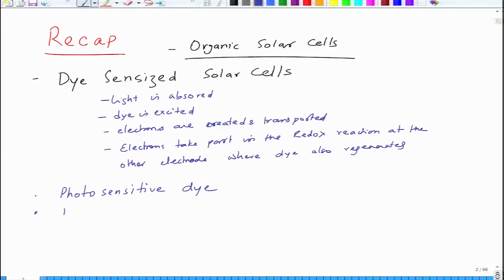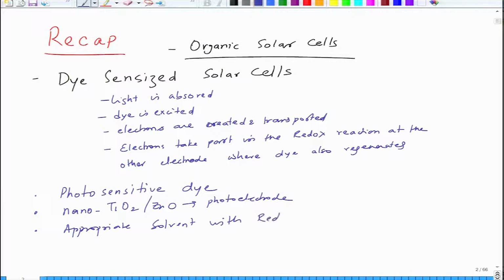Then we need nano TiO2 or ZnO, which is a photoelectrode through which electrons are transported, and the morphology is very important so that you have maximum interfacial area with the dye. Then we need an appropriate solvent with redox ions. Generally we have the I3 minus, I minus redox couple, but we may have some other ions as well.